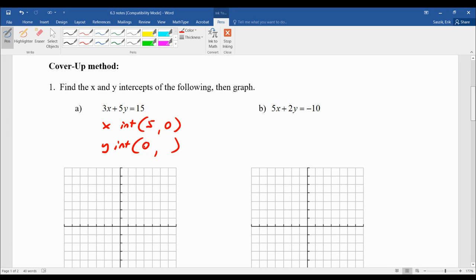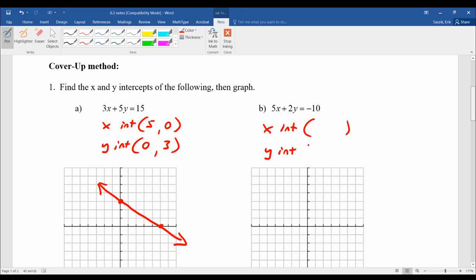The x is 0, so if you plug 0 in here, that gets covered up. 5 times what is 15? 5 times 3. And now you just go to these 2 points. There's the y-intercept. There's the x-intercept. And you just connect them.